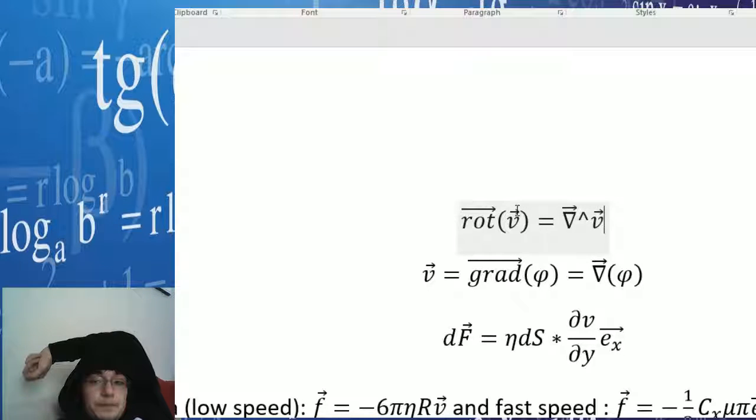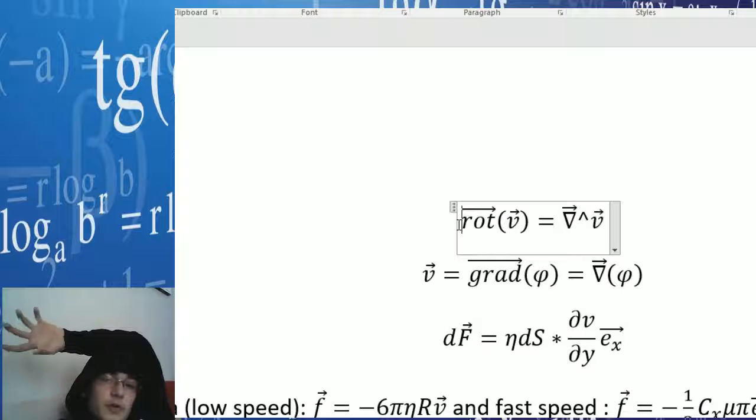Okay, so you have the rotational, which is the nabla vectorial, the vector speed v, and this will actually define how the particle rotates.